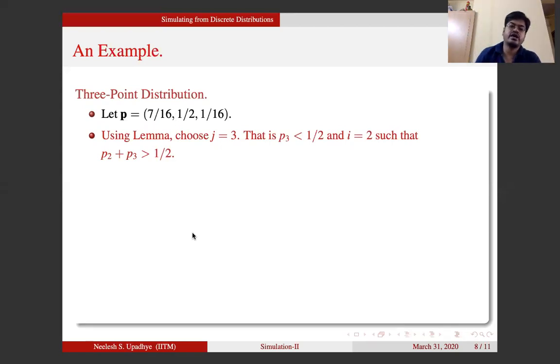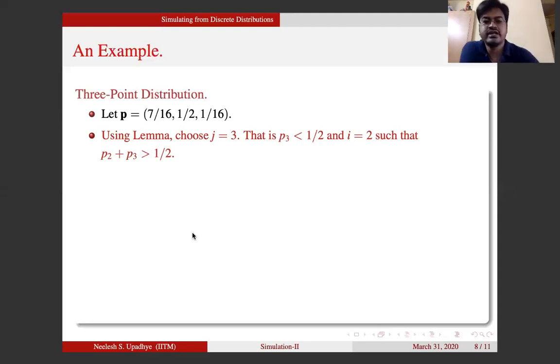Therefore, I have chosen i is equal to 2 and j is equal to 3. So j is equal to 3 is the first point, and a buddy of j is equal to 3 is i is equal to 2. So now my first 2-point distribution, which I will consider, will have non-zero probabilities at points 3 and 2. That essentially means it will have a zero probability at point 1.